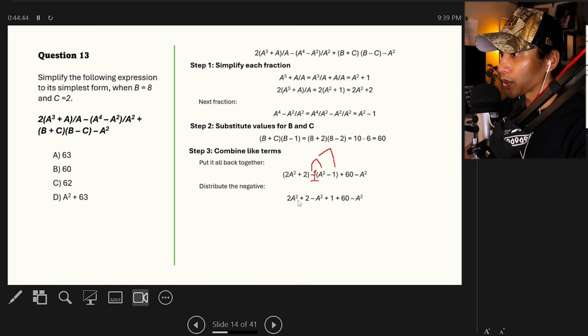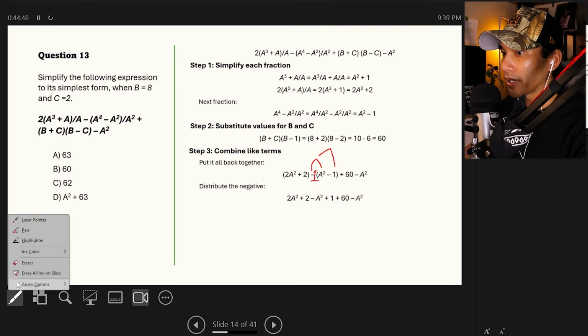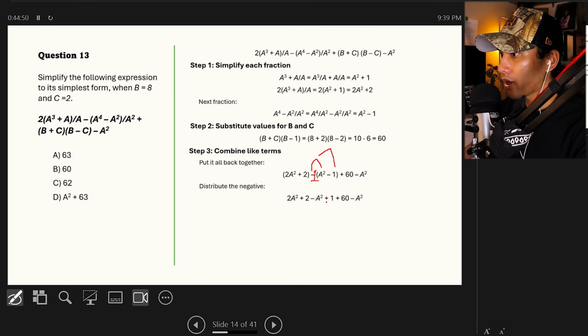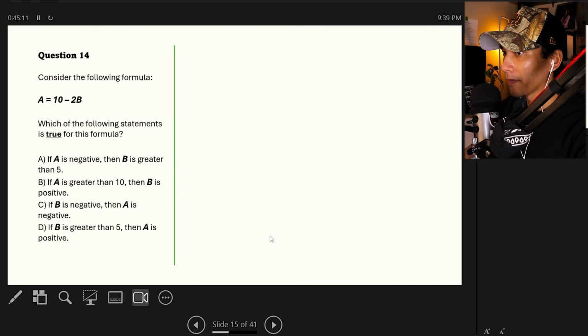Now it becomes 2a squared plus 2 minus a squared plus 1. What we could do is get rid of the a's, right? These cancel out. Now we have 2 plus 1 equals 3, plus 60 equaling 63, answer choice A. Combine the like terms. Boom, and we're done. There you go.